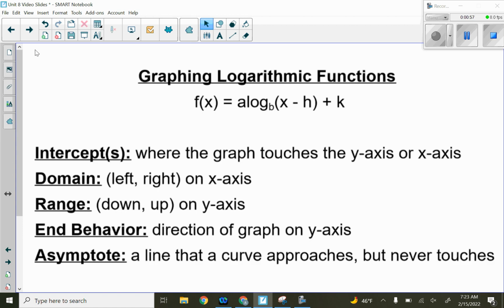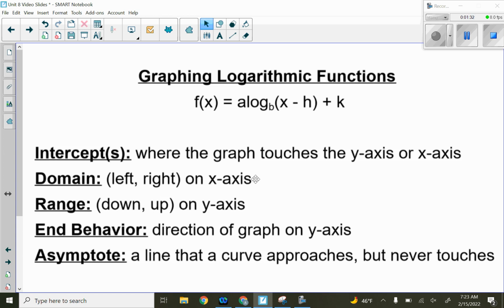Here is a little review of vocabulary. If you don't remember any of these vocabulary words, I strongly recommend you write them down. Intercepts are where the graph touches the y and x-axis, so you can have a y-intercept and an x-intercept.